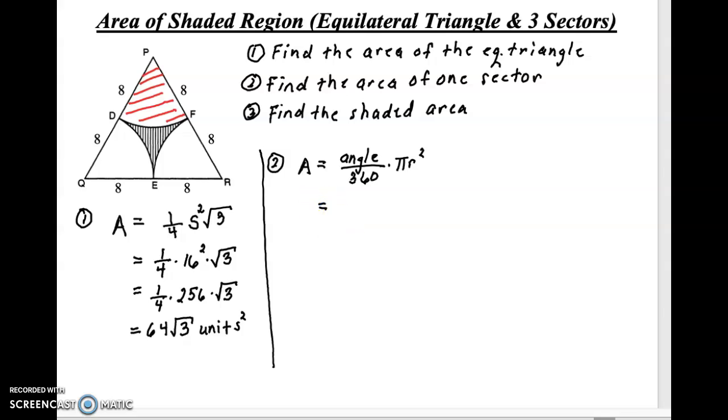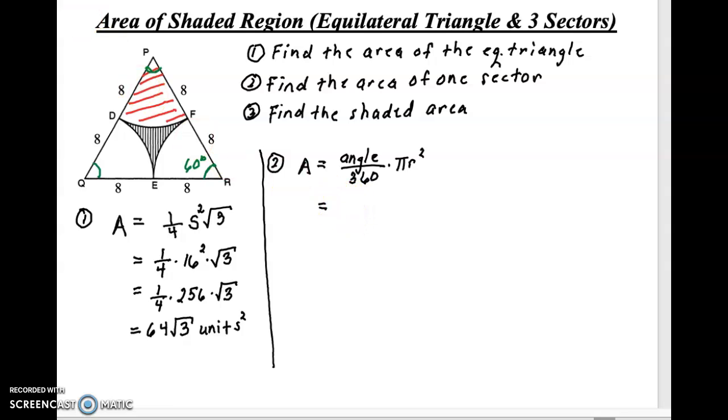Well, the angle isn't given. And the angle that I'm referring to, folks, is the angle in here, right? And if it's an equilateral triangle, all of those angles should be the same. In fact, from our studies, we should know that each of those angles, if there's 180 degrees and there's exactly 3 equal ones, they should be 180 divided by 3, or 60 degrees. So we know that the measurement here should be 60 degrees.